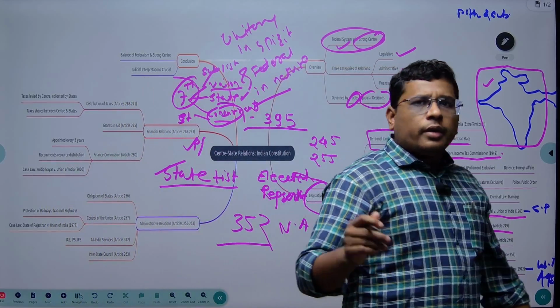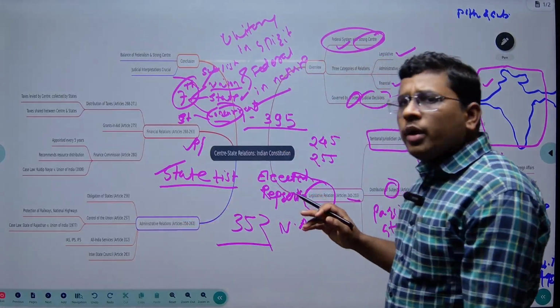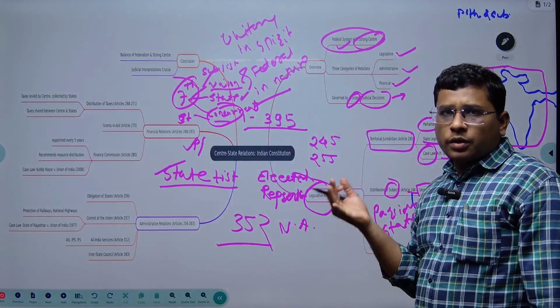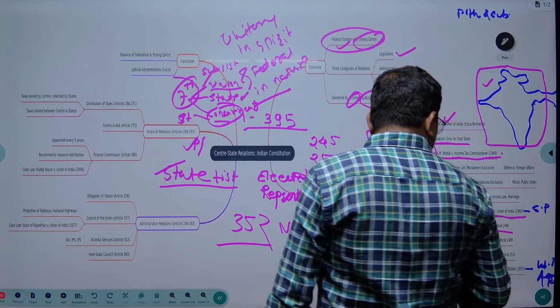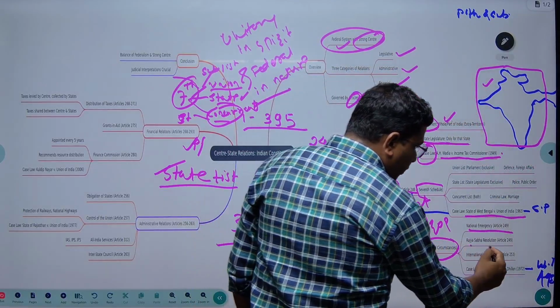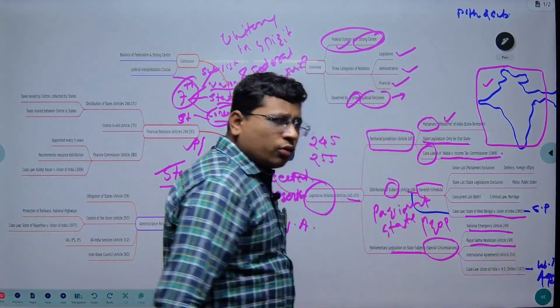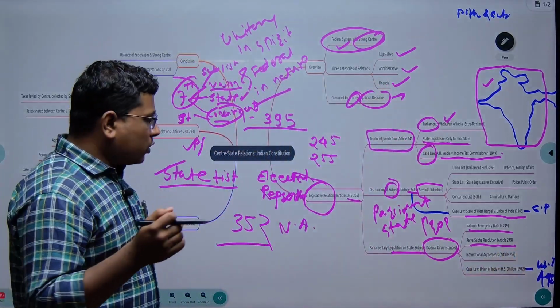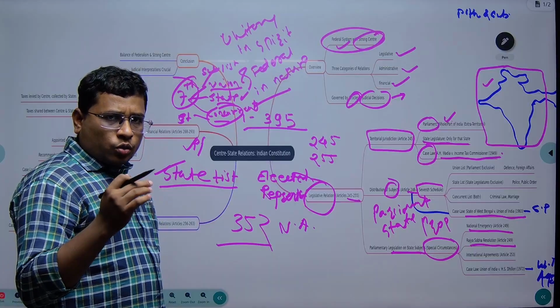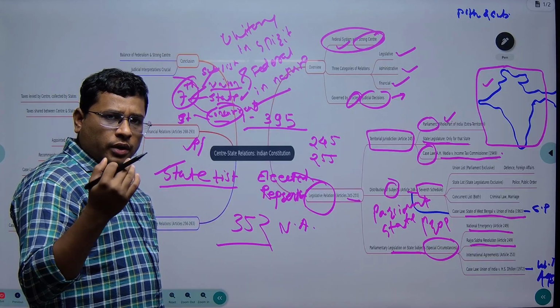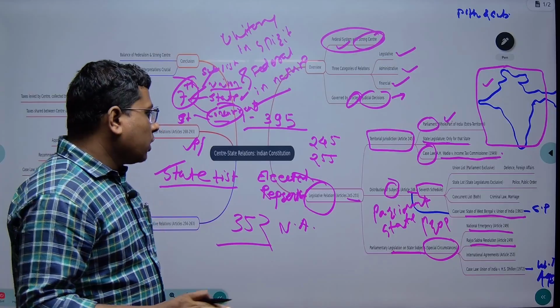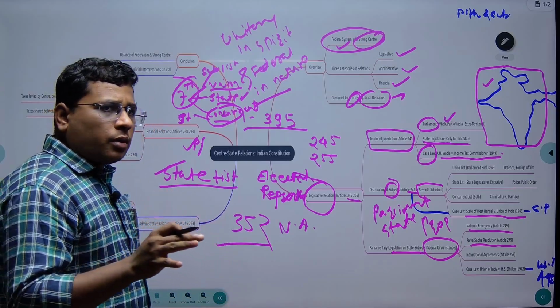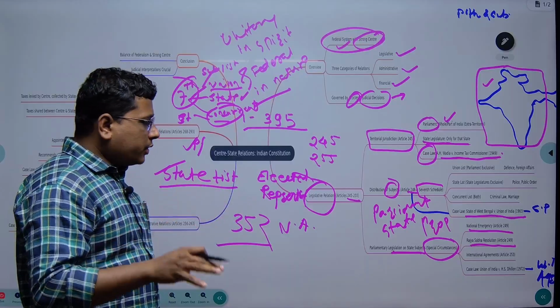So in a national emergency the parliament can make laws on the state list also. Then Rajya Sabha resolution, Article 249. For that the Rajya Sabha has to pass a resolution by two-thirds special majority, and take the assent of the president. Then after that they can pass laws on the state list.